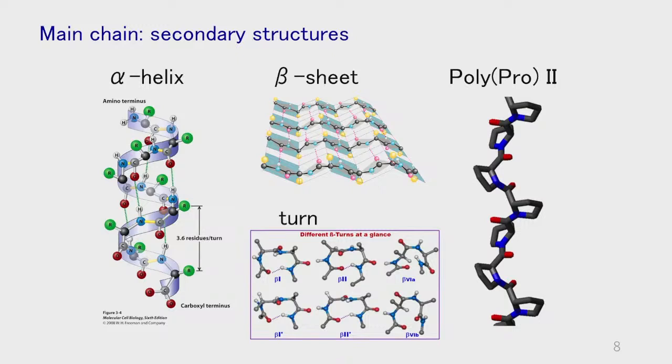So by including turn structure, it may form such a sheet structure. This is so-called anti-parallel.